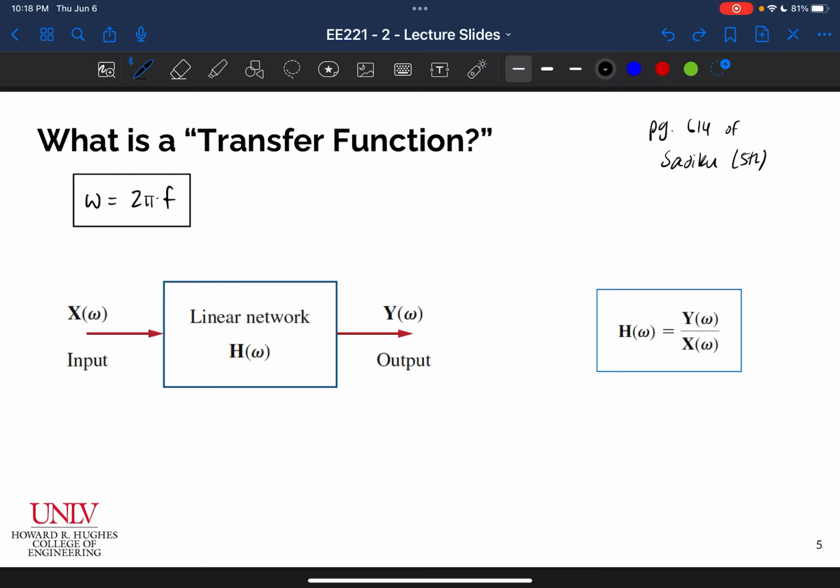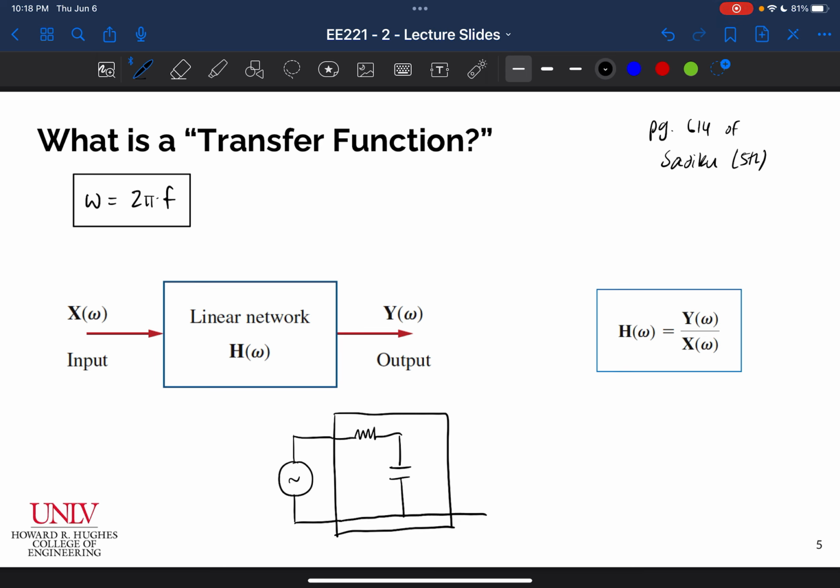So for the case where I have a circuit here, and this is my input, and this is my linear network, and let's just say it's a resistor here and a capacitor here, and I'm interested in some output V out of omega, and here I have V in of omega, right?